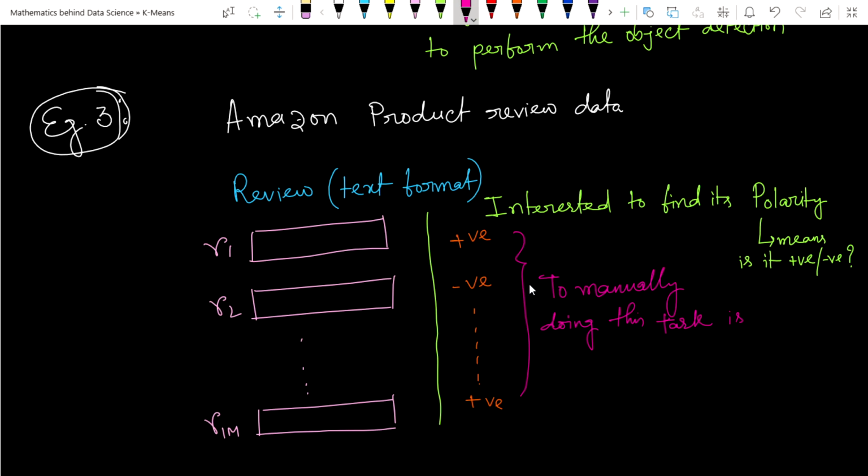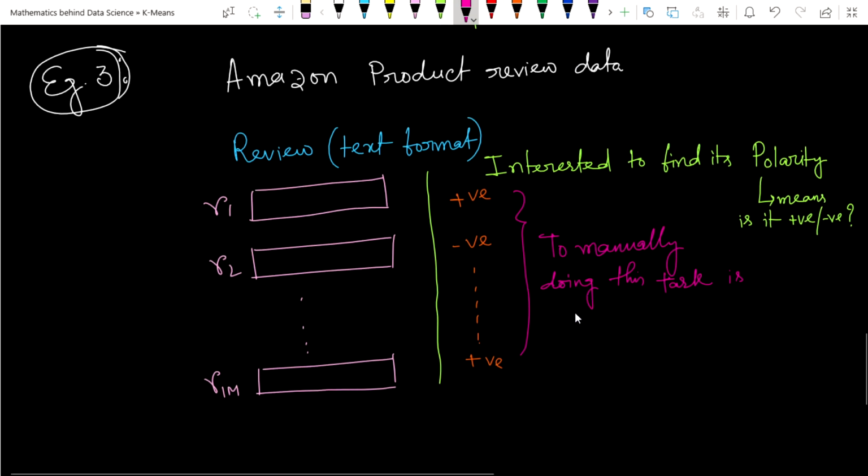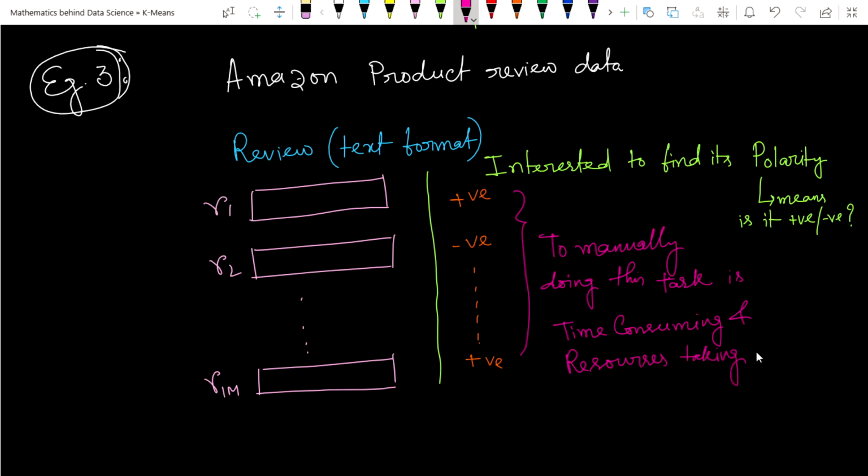So in such situations, what are the options? Manually doing these tasks is totally time consuming and resource taking.